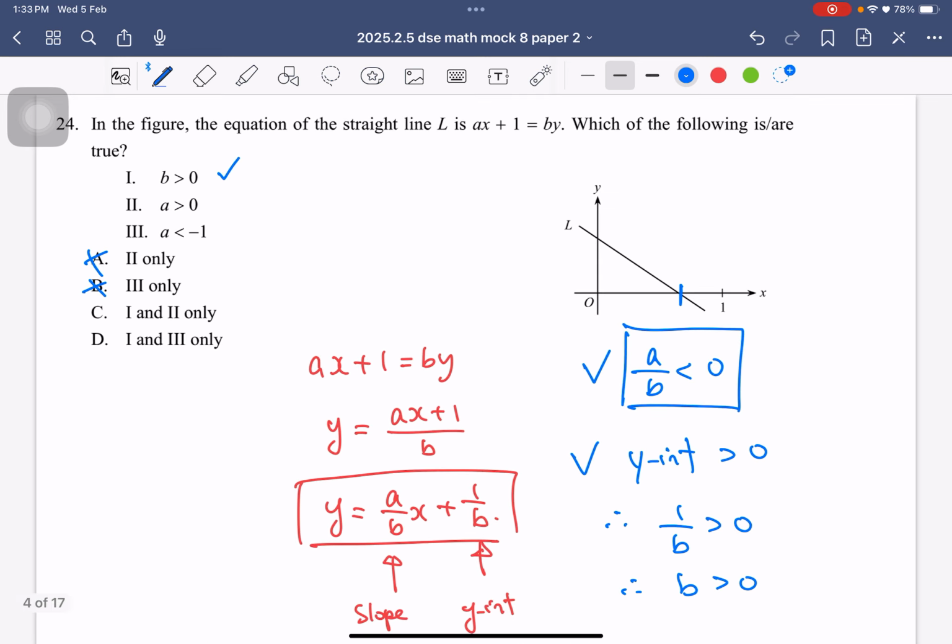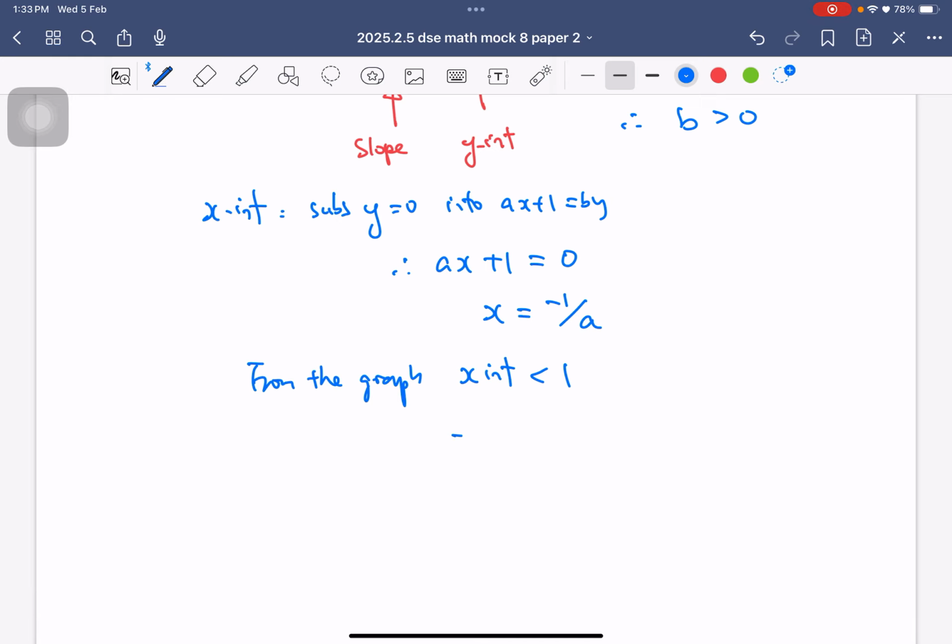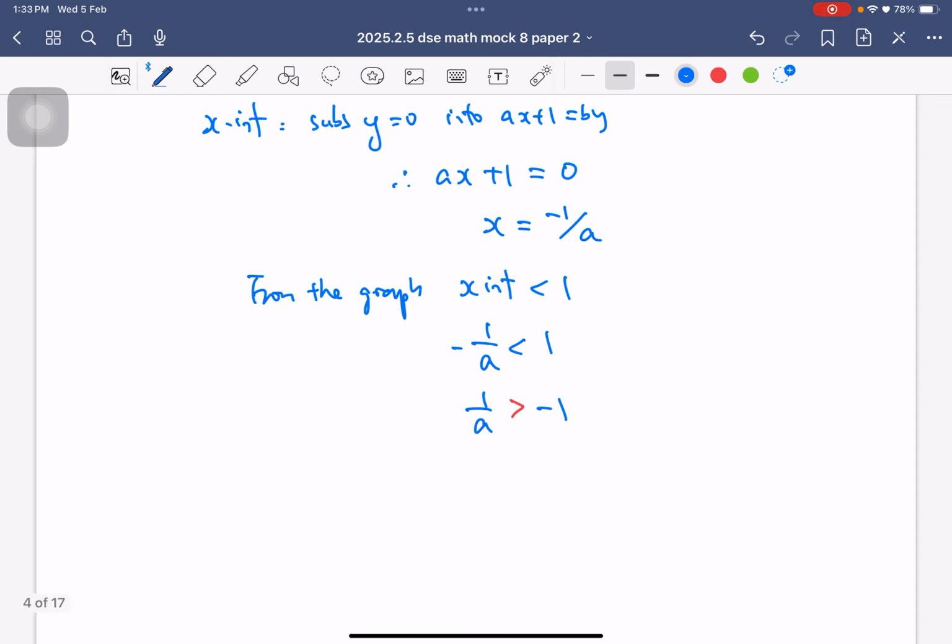So we can say negative 1 over a is smaller than 1. Now, I don't want a negative, so moving to the right it becomes 1 over a bigger than negative 1, with the sign changed. And then you swap upside down, it becomes a over 1, negative 1 over 1.